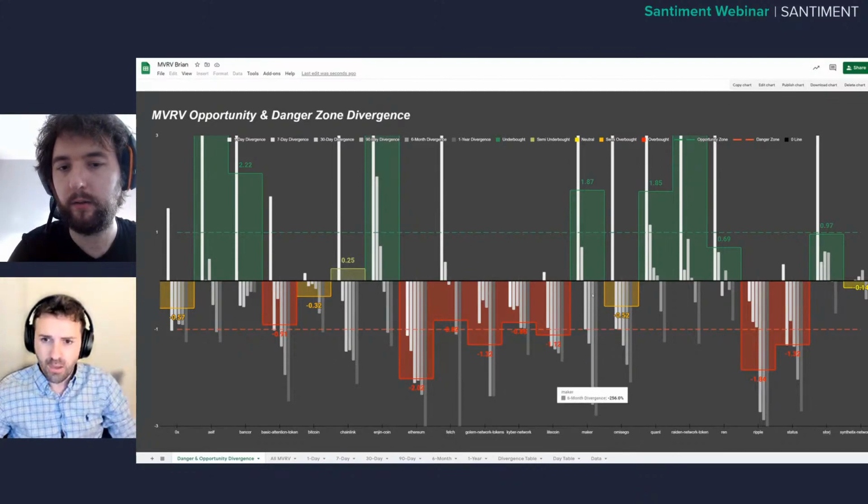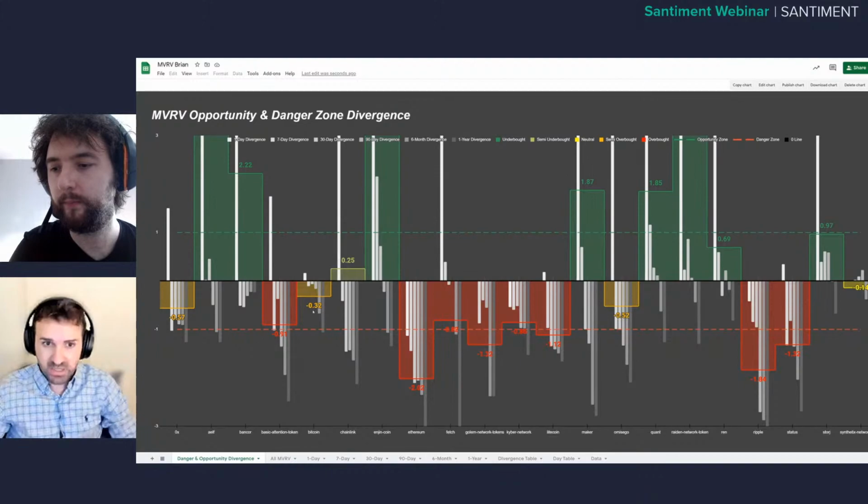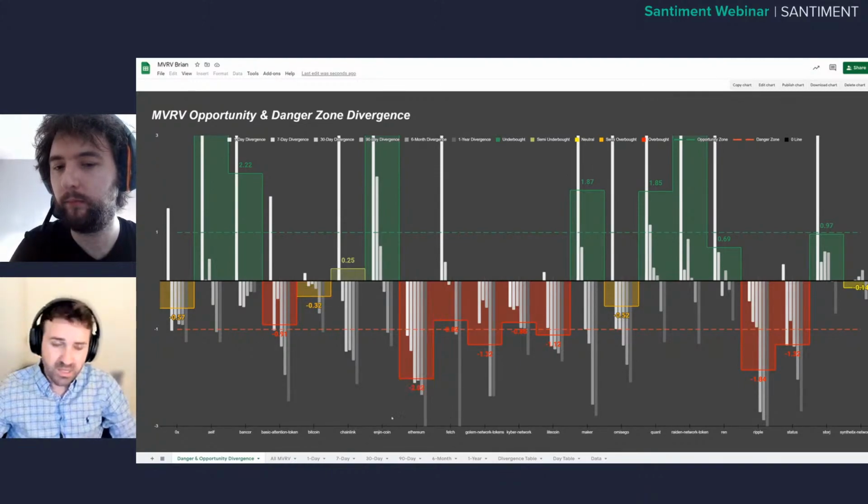I want to start by saying that some of our altcoins here need some work done on their formulas, so cancel any of these big green bars out. Most are realistically in the semi-overbought or overbought territory. But for a really quick synopsis of how this works, we're going to look at only Bitcoin and Ethereum.